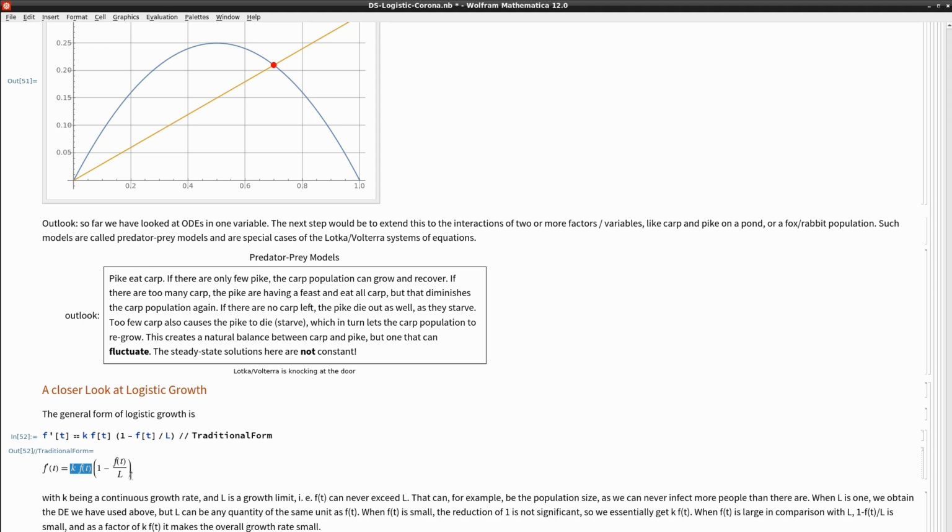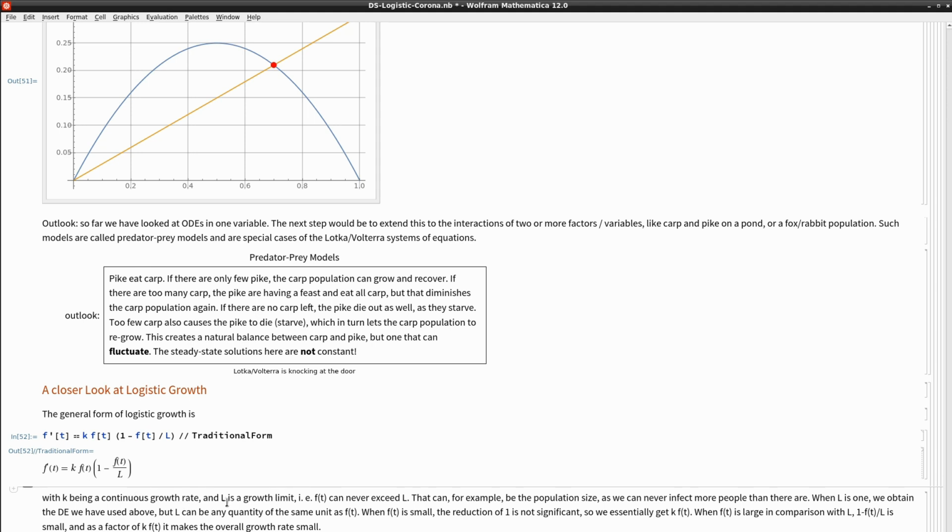But when f of t is large, then this term approaches 1. And as we're subtracting it from 1, this term approaches 0. That means we're ending this growth process, right? We multiply this with a number that becomes 0 as we increase the saturation.